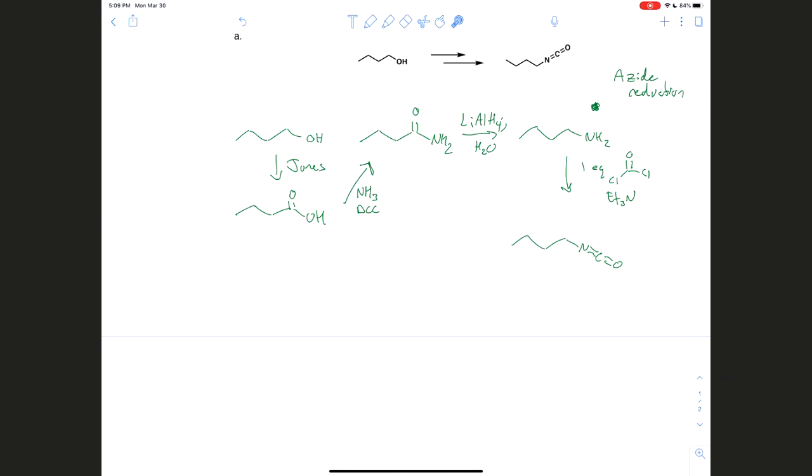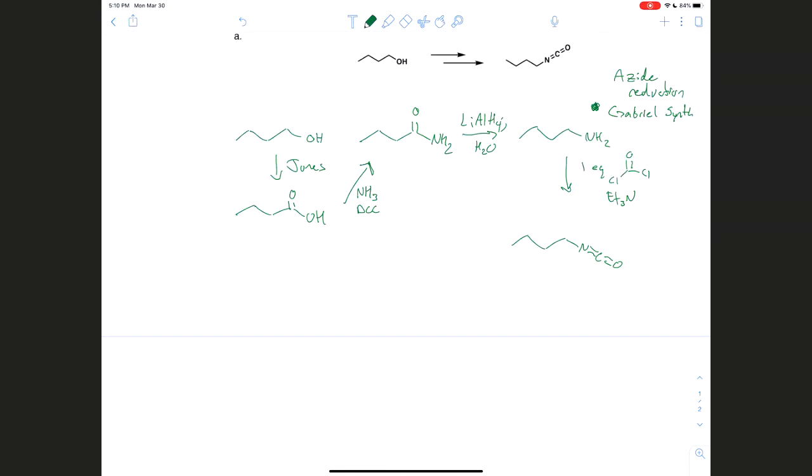So again, it's probably a similar number of steps. Alternatively, you could also consider doing a Gabriel synthesis. This would also involve converting the alcohol to a bromide, displacing with the phthalimide, and deprotecting to give you the primary amine. Cool. Does anyone else have any more questions on this?